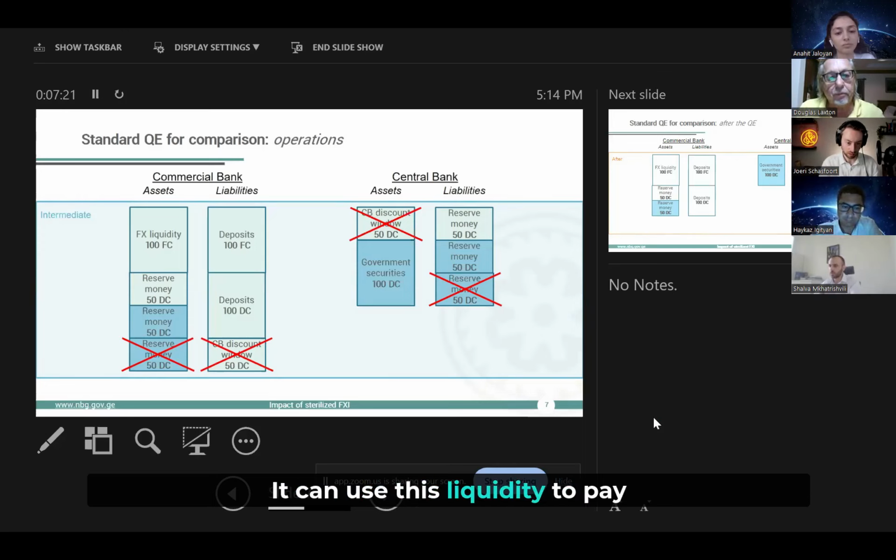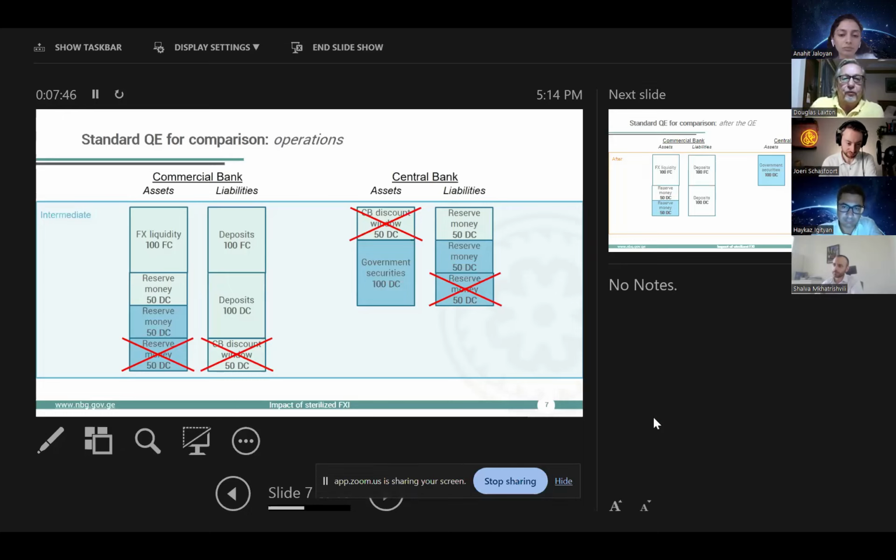It can use this liquidity to pay off the central bank discount window so that these encumbered, or locked, government securities are freed, and then the bank simply sells these government securities to the central bank and gets newly created reserve money, lari reserve money, from the central bank.